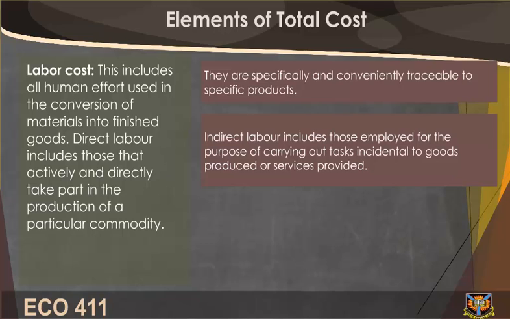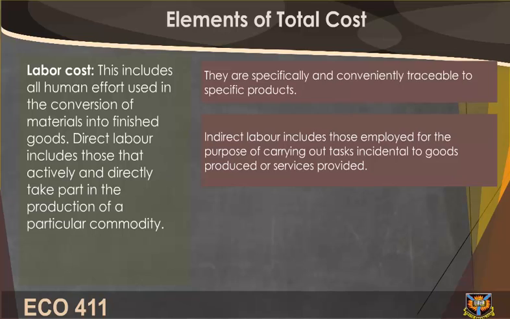Labor cost. This includes all human effort used in the conversion of material into finished goods. Direct labor includes those that actively and directly take part in the production of a particular commodity. They are specifically and conveniently traceable to specific products.